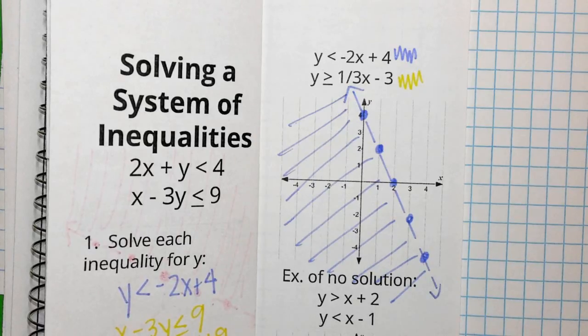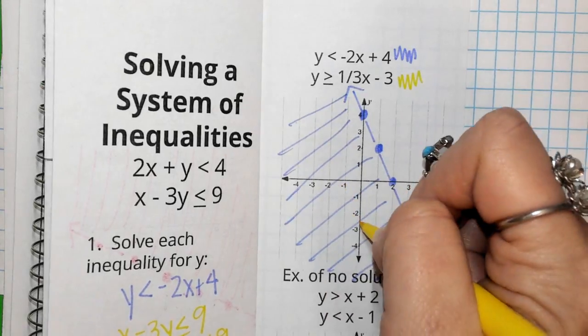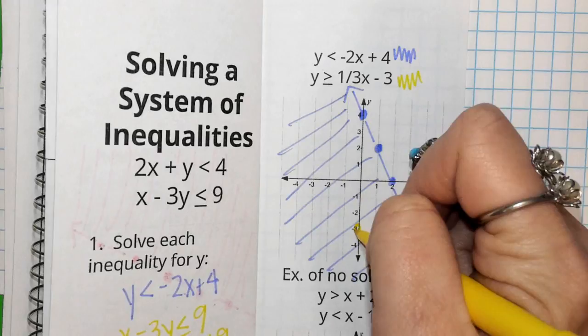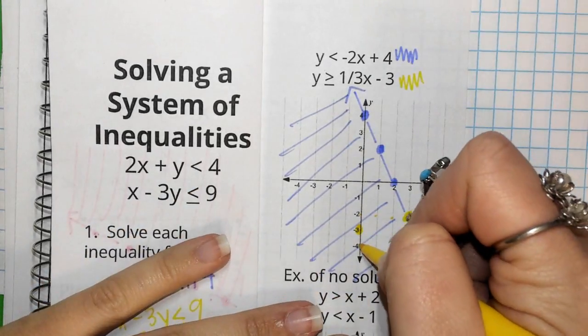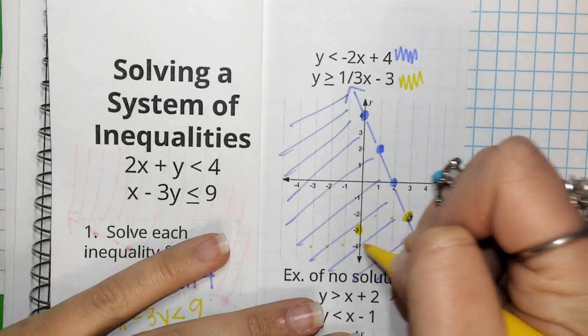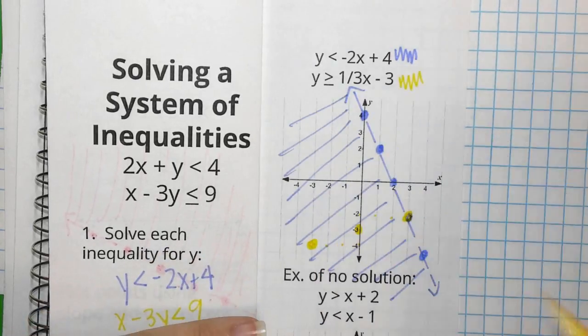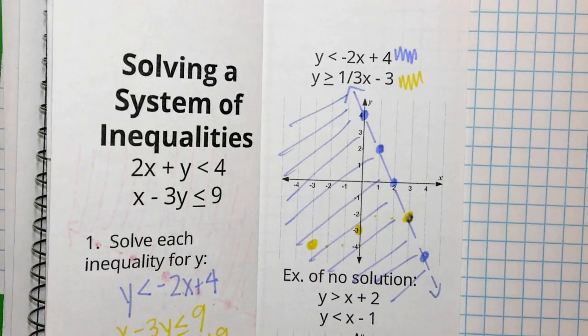Are we ready? Where do we start for the yellow line? Negative 3. And then go up 1, right 3. Now these two do intersect, but we don't care about that on inequalities. If these were equations, what would be the solution?